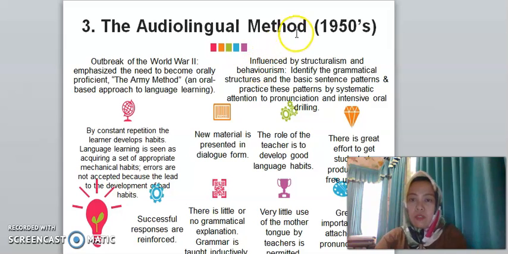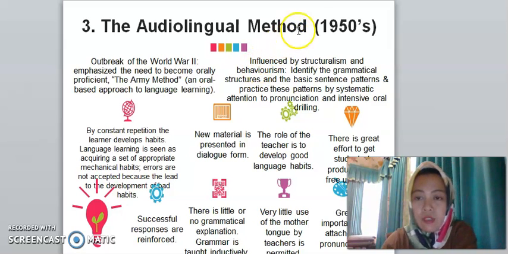Next, the audiolingual method is quite famous in the 1950s. It's influenced by structuralism and behaviorism. So they learn basic sentence patterns. They practice patterns with systematic attention. They learn how to pronounce, and there was intensive oral drilling at that time.